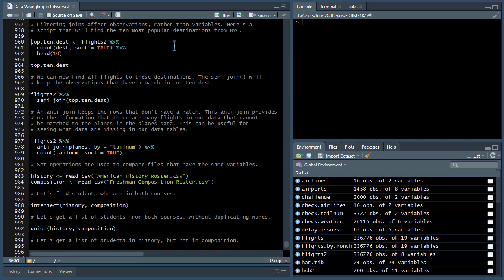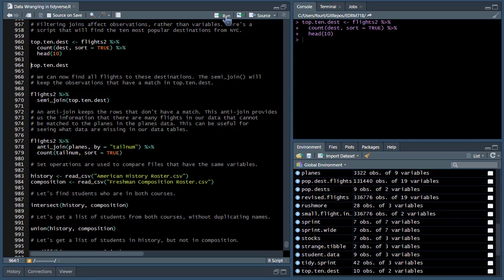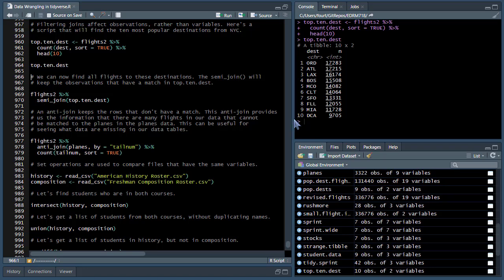All right, so let's go ahead and do that, and let's take a look. So there's our top 10 destinations out of New York City: O'Hare in Chicago, Atlanta, Los Angeles, Boston. Now what we can do is find all flights to these destinations and use the semi-join to keep the observations that have a match in the top 10 destinations.